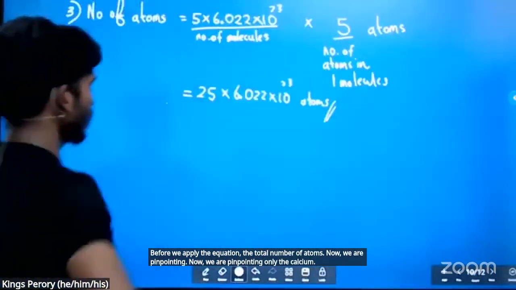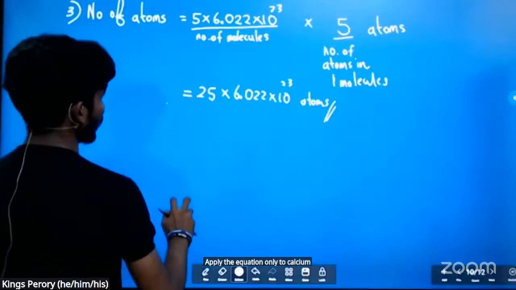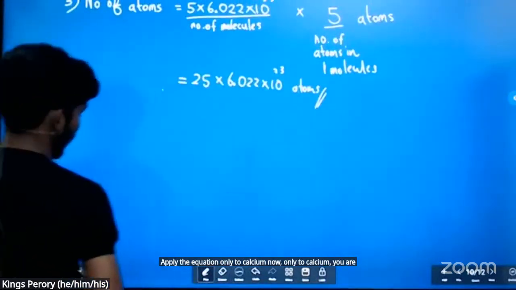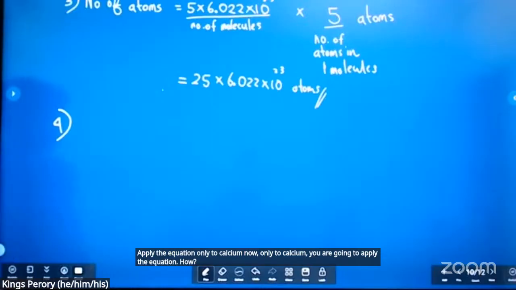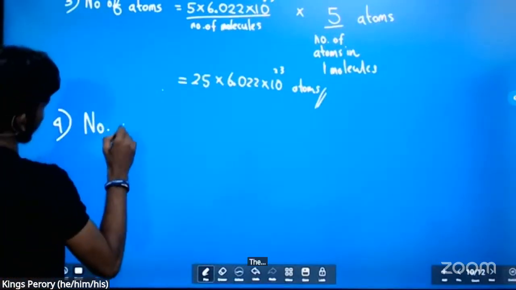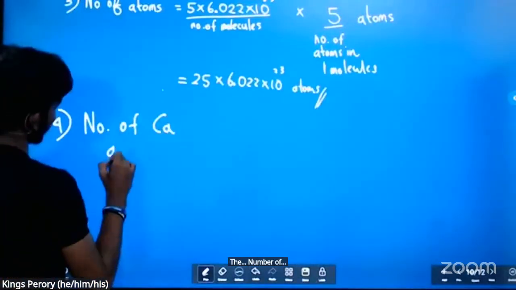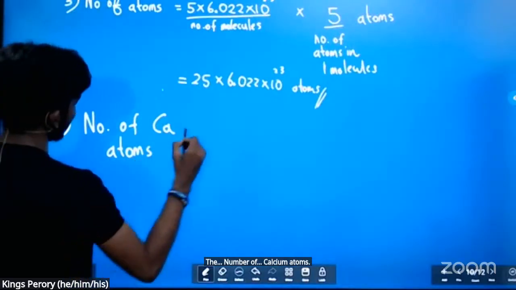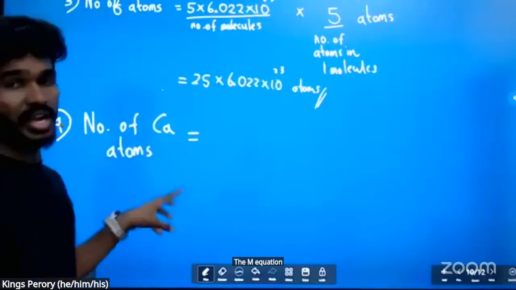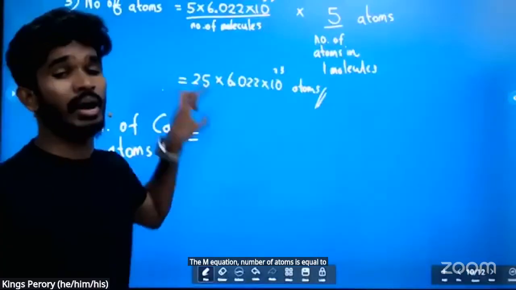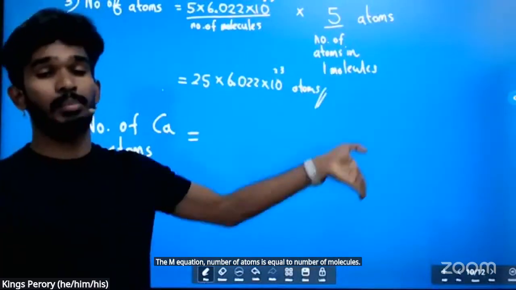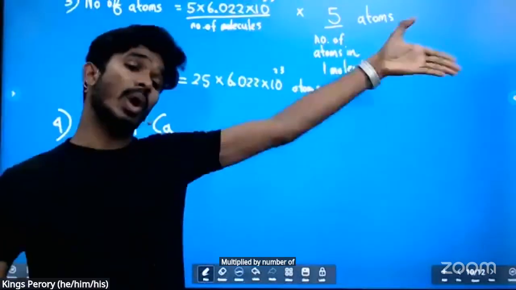Apply the equation only to calcium now. Number of calcium atoms, same equation: number of atoms is equal to number of molecules multiplied by number of atoms in one molecule.